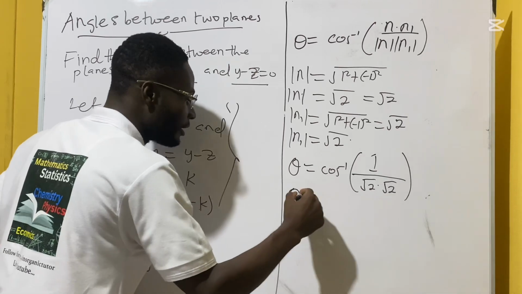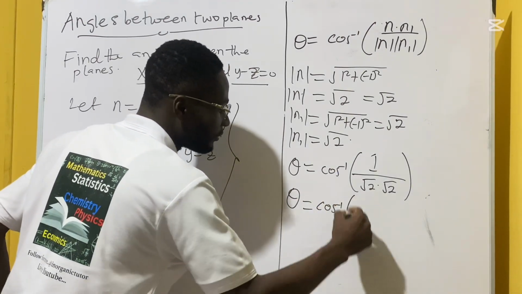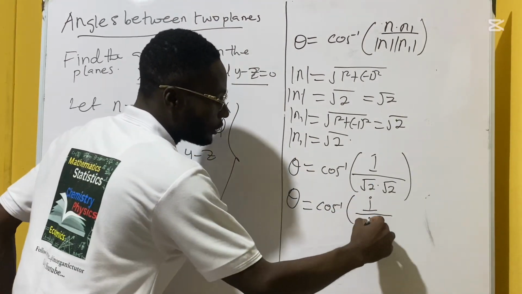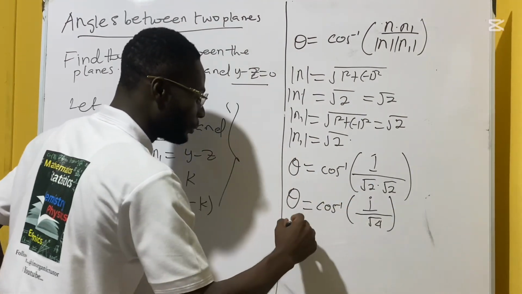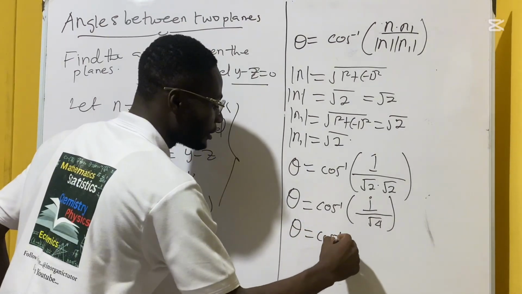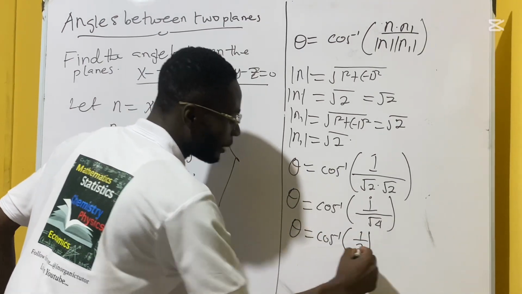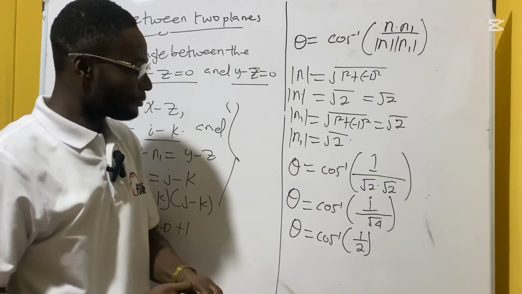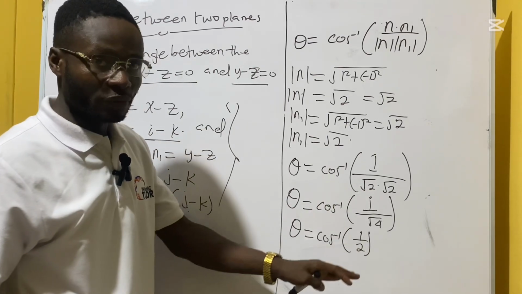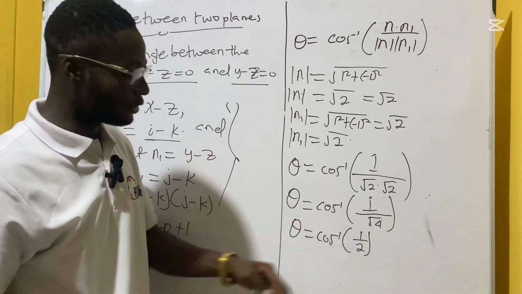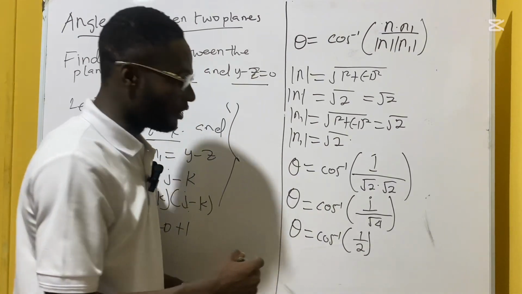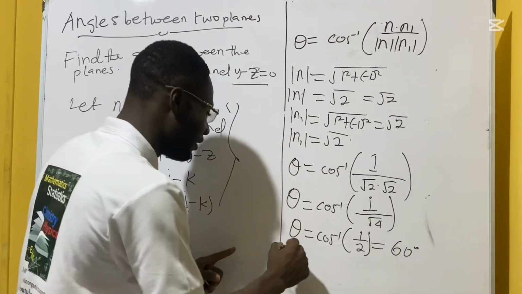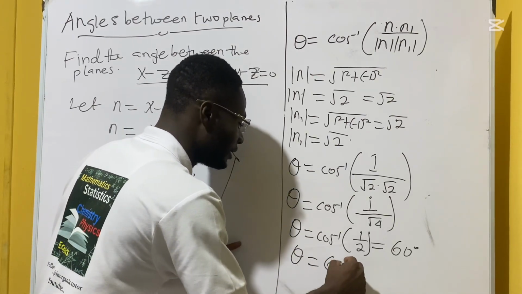Square root of 2 times square root of 2 is square root of 4, so theta equals cos inverse of 1 over 2. You know the trick from the trig ratios. Cos inverse of 1 over 2 is 60 degrees, so theta is equal to 60 degrees.